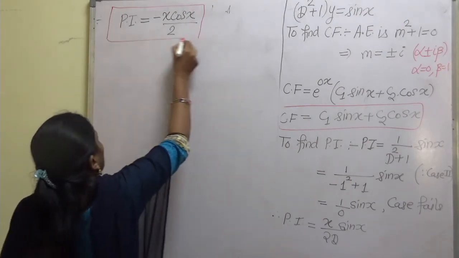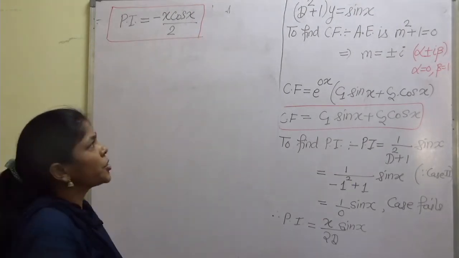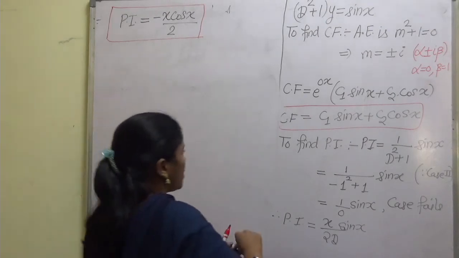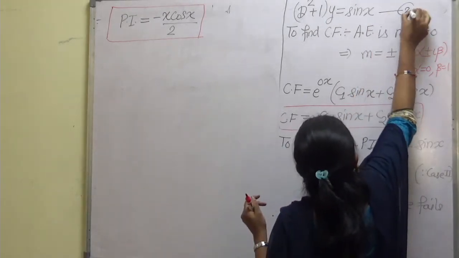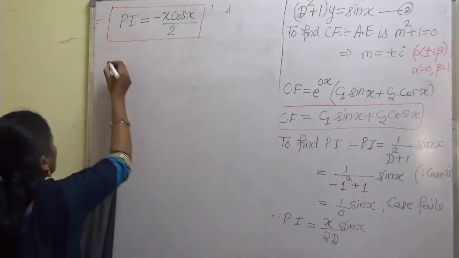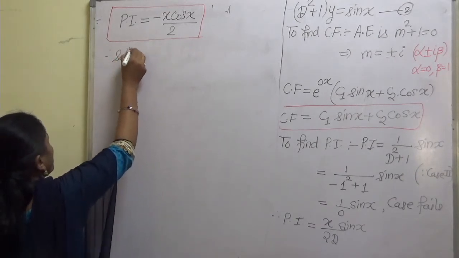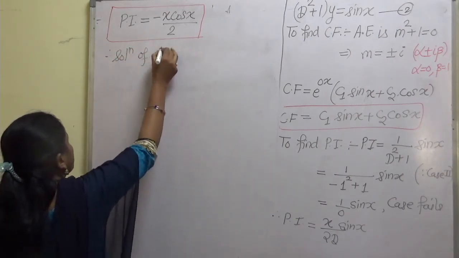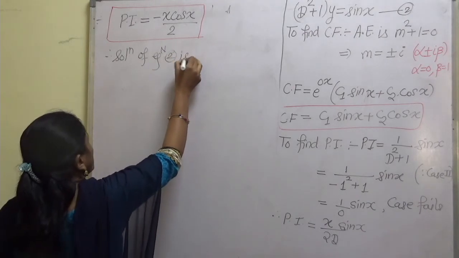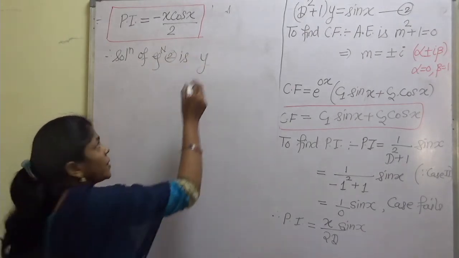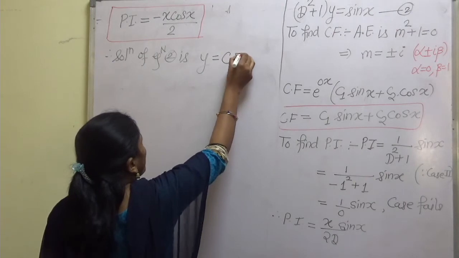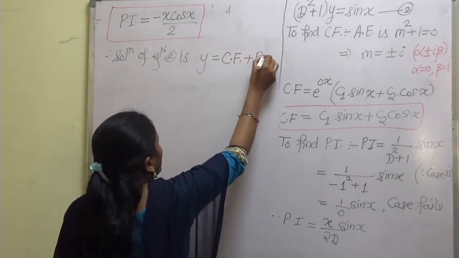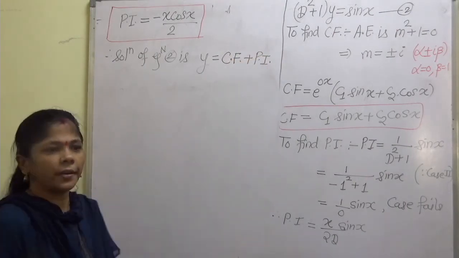So now we are in a position to write the solution of this equation. Let us call it equation 2. Therefore, the solution of equation 2 is y, the dependent variable, equal to CF plus PI, the particular integral.